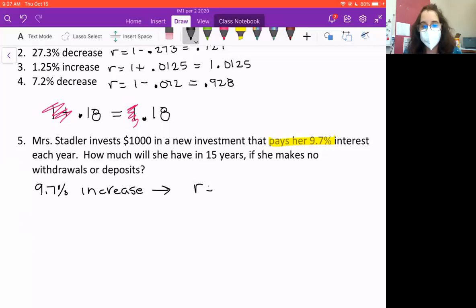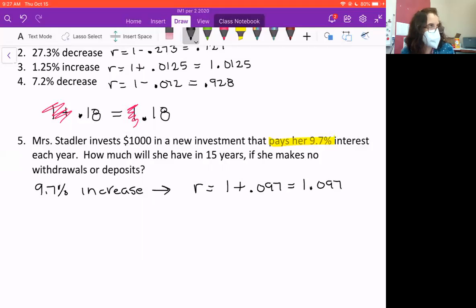So that would be R equals 1 plus 0.097. That's 9.7% as a decimal. My R value is 1.097.